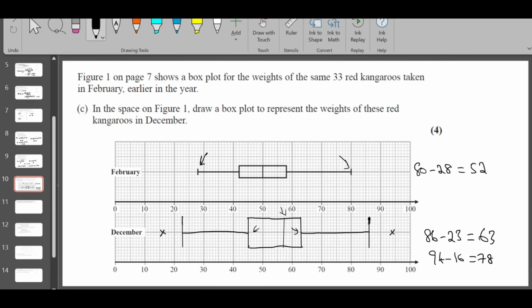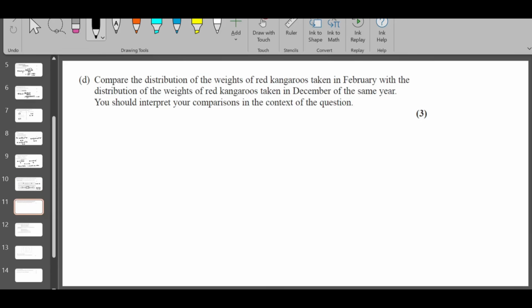So to conclude, I will tell you what points you should write here. The median weight in December is higher than the median weight in February. So the kangaroos tend to be heavier in December. That's one point. The spread is also greater in December, both the IQR and the range.